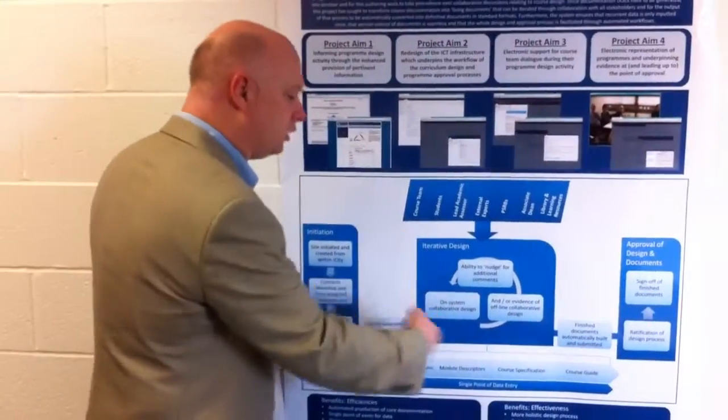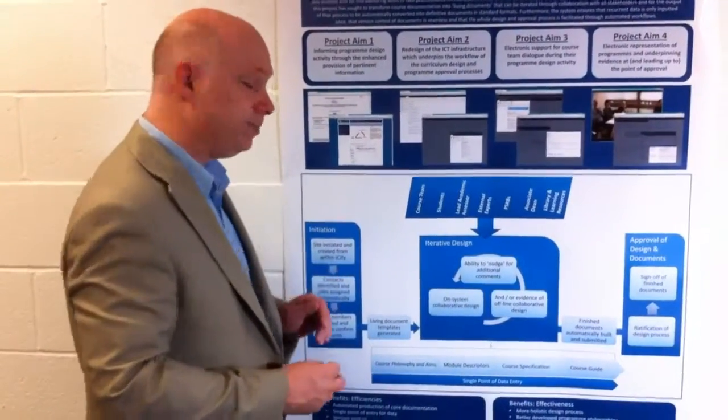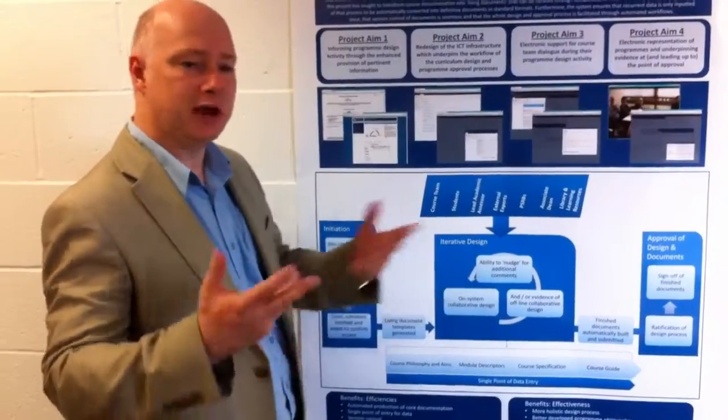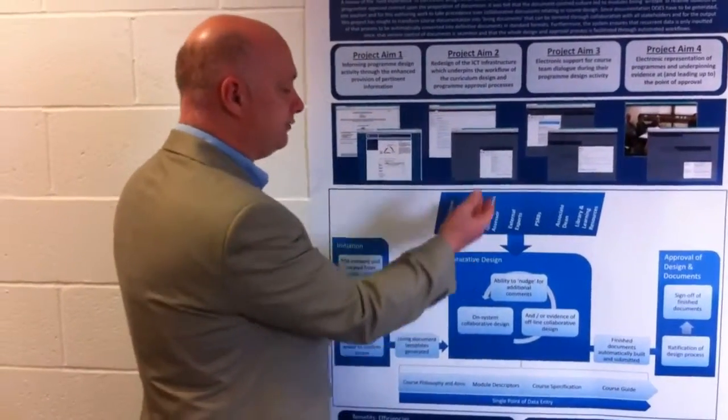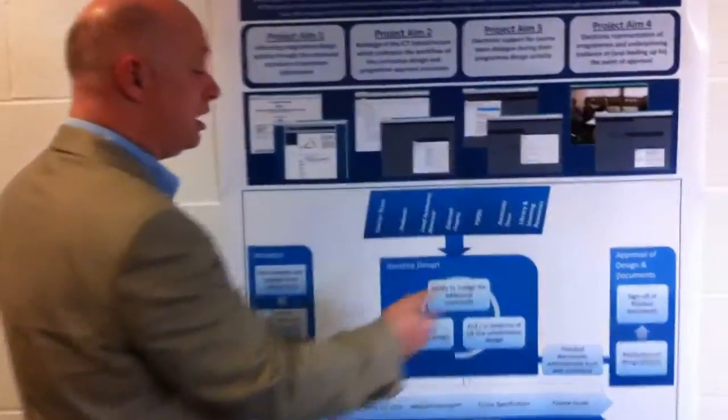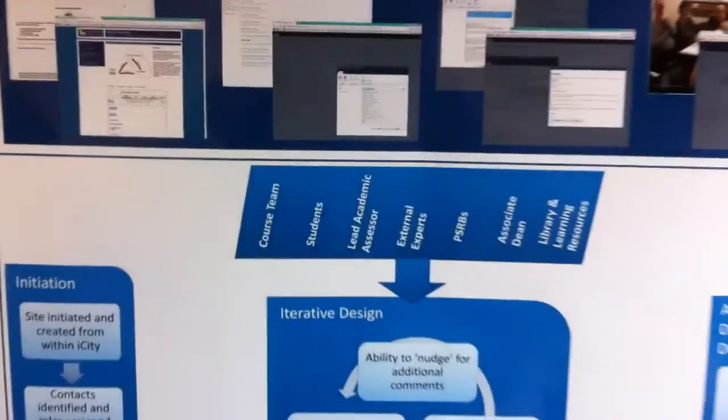Now, the reason why this online iterative design is so powerful is that it becomes much more open. People don't have to come to the university to have conversations. It's a virtual space, and we can then invite all sorts of stakeholders in to begin to influence design.